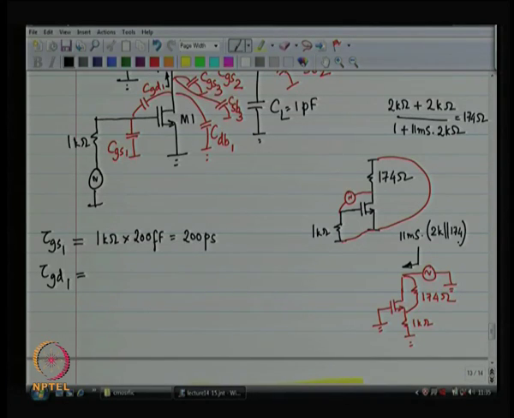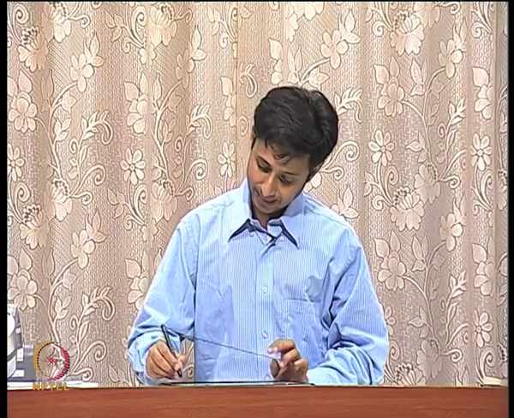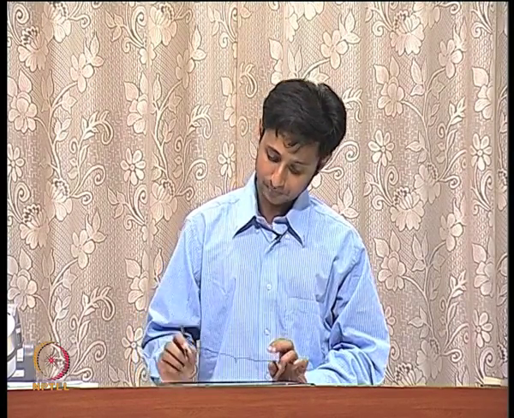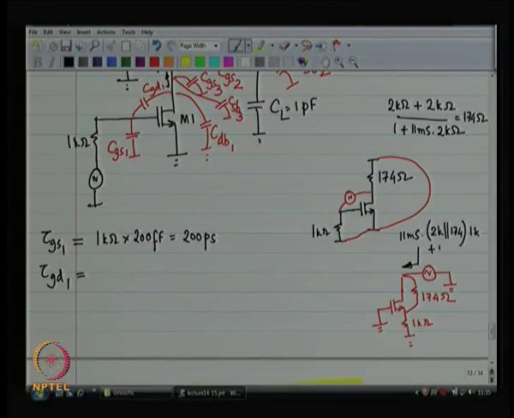This is where you are getting the advantage, right. This 174 is what is giving you the advantage, times 1 kilo ohm plus 1 kilo ohm plus 2K in parallel with 174. So 2K in parallel with 174 ohms is 160 ohms.